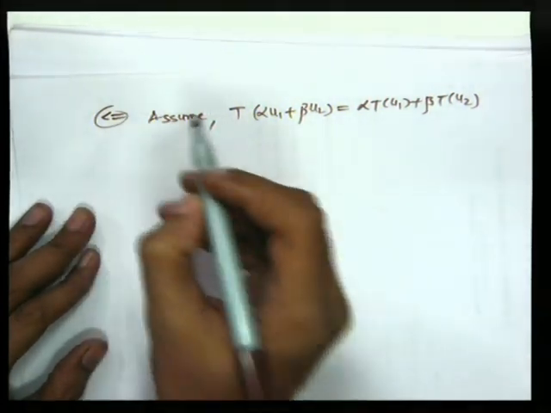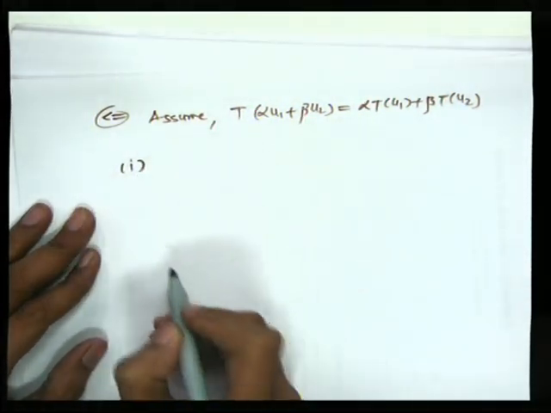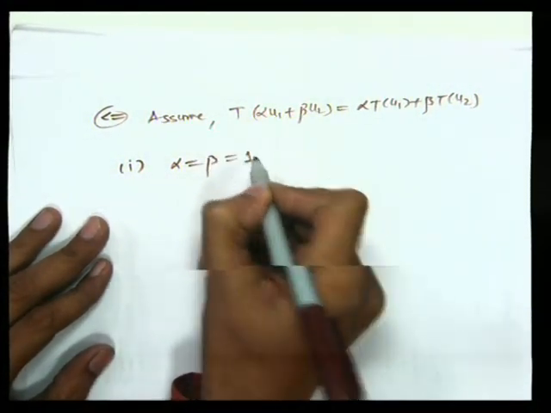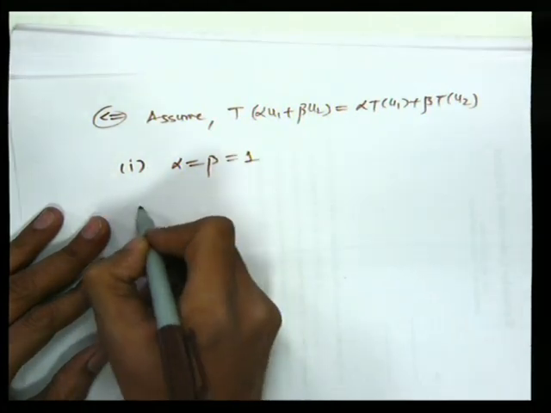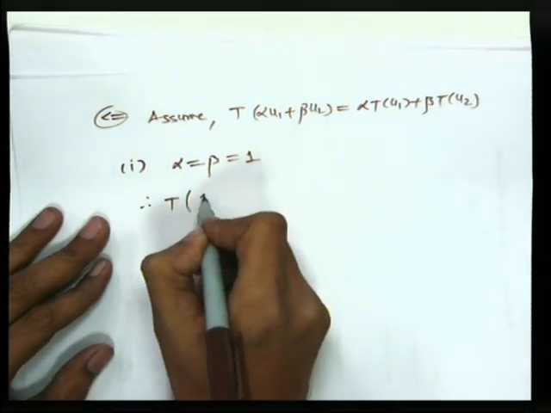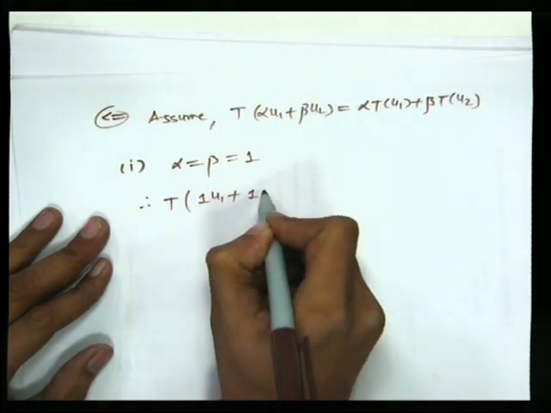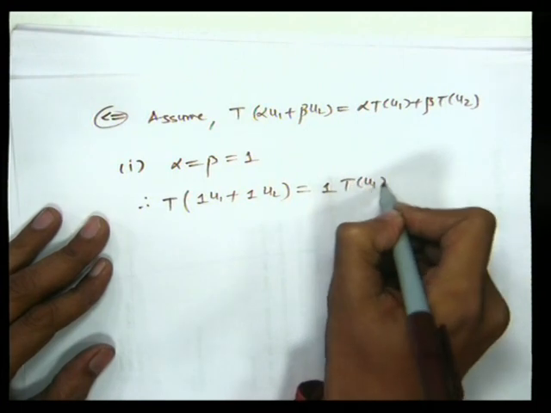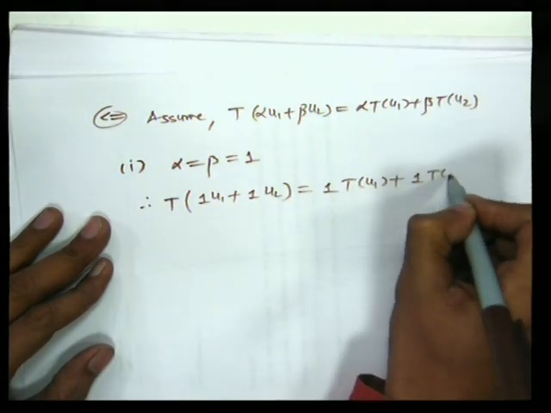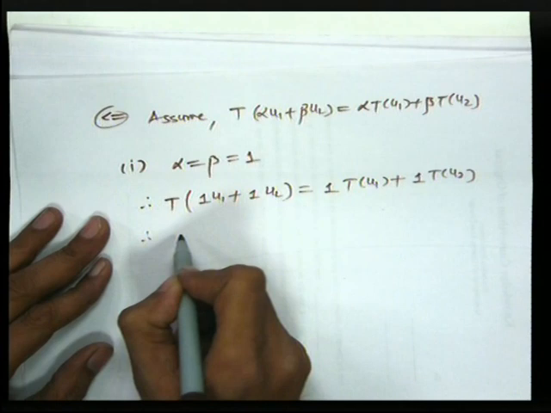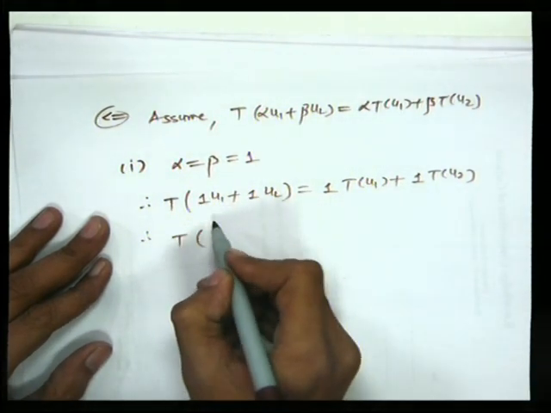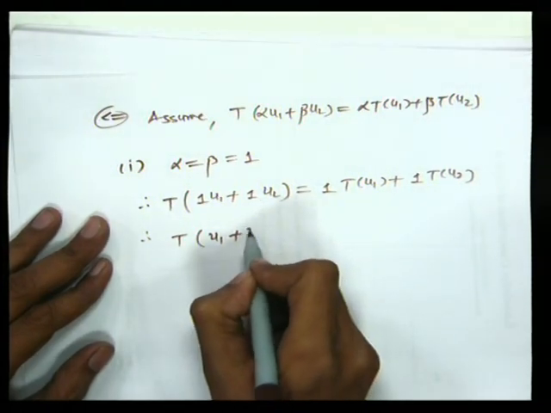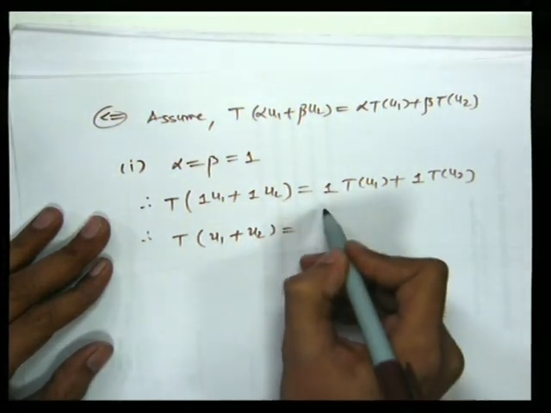To prove the first condition, take alpha equal to beta equal to 1 in this condition. Therefore T of 1 into u1 plus 1 into u2 equals 1 into T of u1 plus 1 into T of u2. Now 1 into u1 is u1, as U is a vector space, and similarly 1 into u2 is u2.